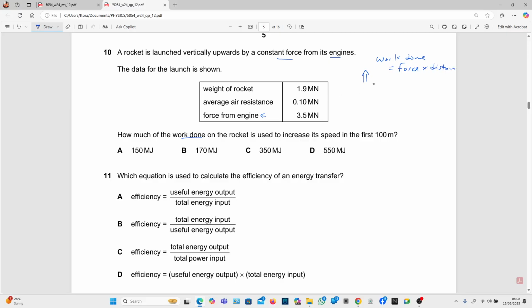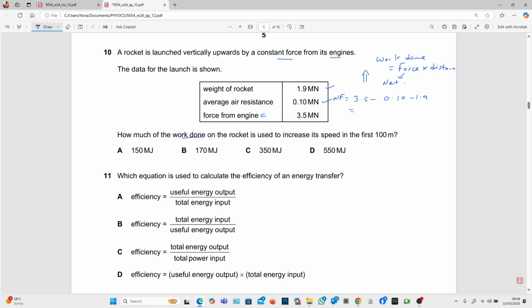So we need the net force. To find the net force, we take the force from the engine minus the force acting by the air, which is 0.1, and the weight of the rocket as well. So that's 3.5, take away 0.10, and then take away 1.9, and we get the net force.